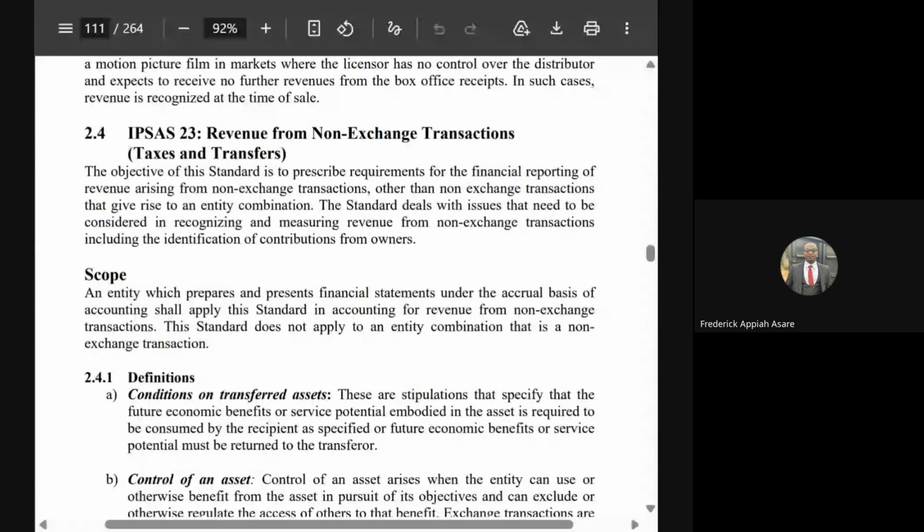And such revenue can be taxes and transfers.